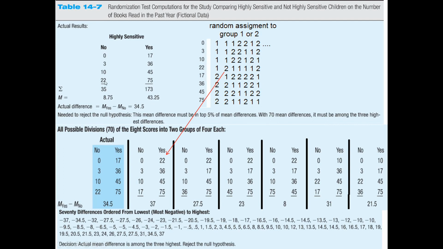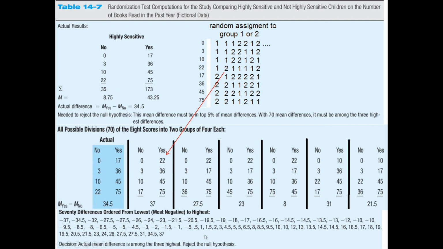So again, with this shuffling method, we didn't have to assume anything about the distribution of this data. Basically, what we try is, by randomly reassigning those groups, to see what the expected difference between those groups would be.